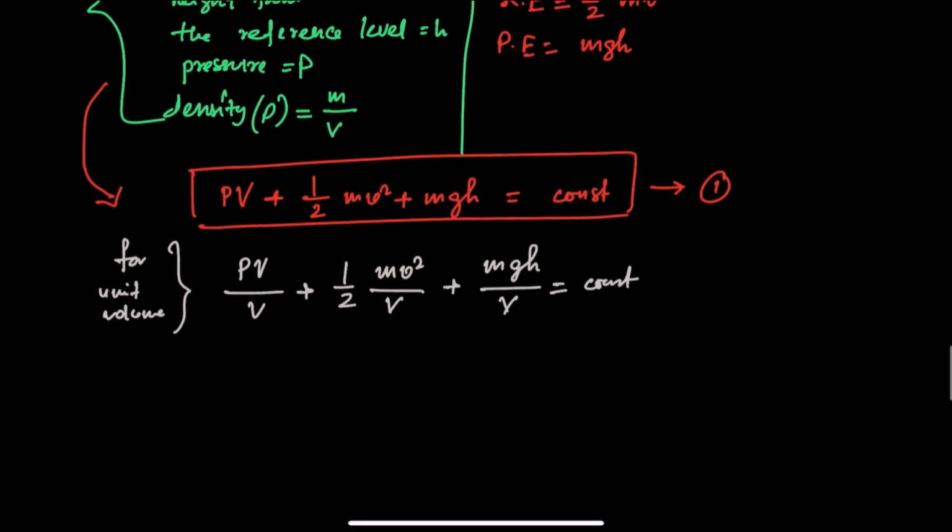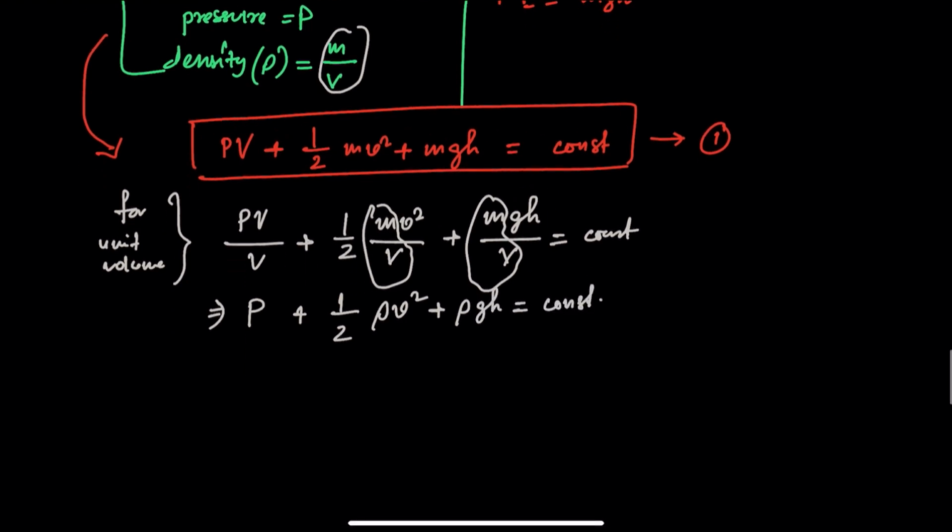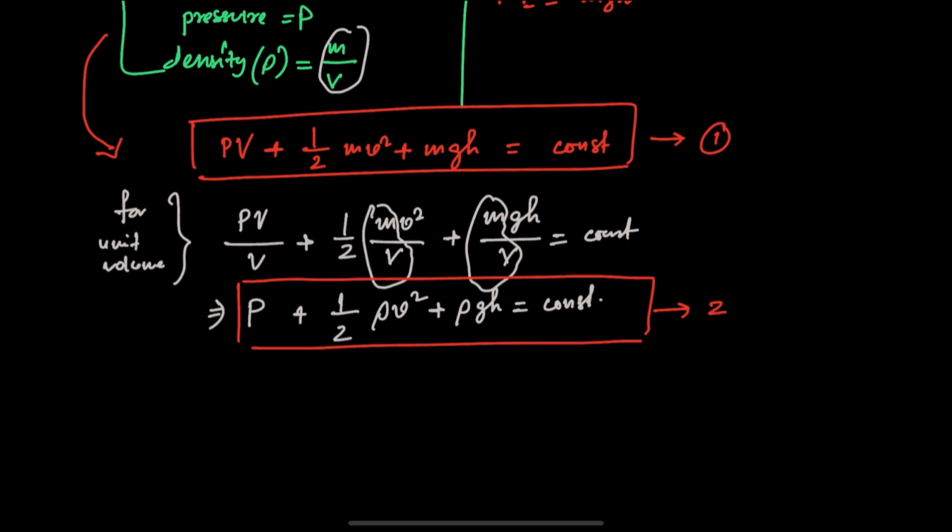So P plus, now this m by V becomes rho, half rho v square plus rho gh is equal to constant. This is another form of Bernoulli's equation.